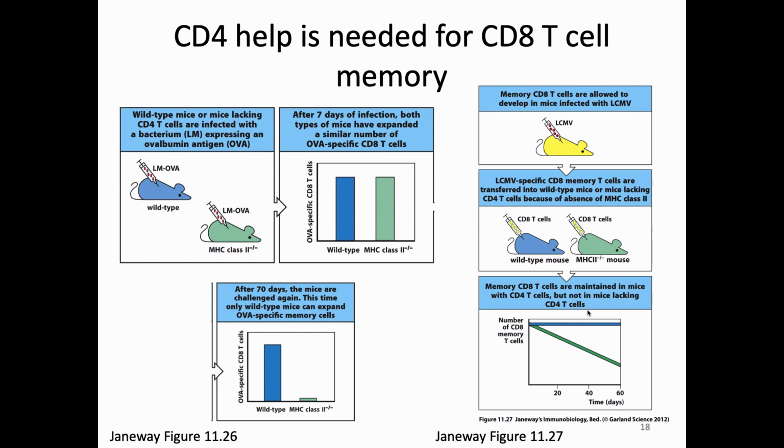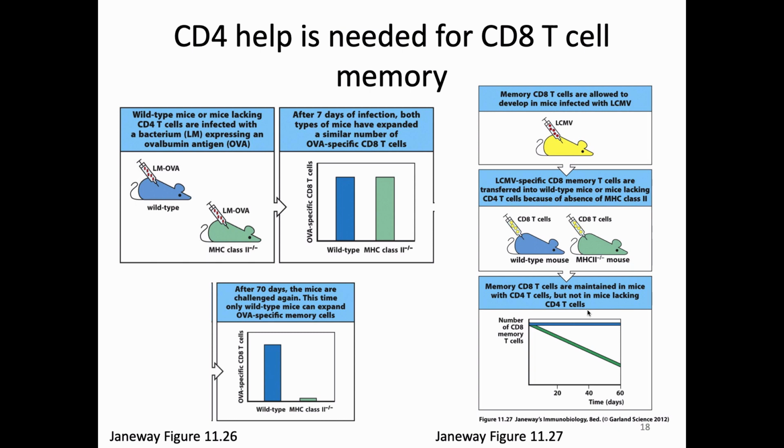Similarly, they infected mice with a virus and then put CD8 cells either into a wild type or a class 2 deficient mouse, and all of the CD8 cells, when they were in mice that didn't have CD4s, died. And when those CD8 cells were in normal mice, they lived. So it looks like there's a lot going on here in terms of interactions between different cell types in order to make this whole process work.